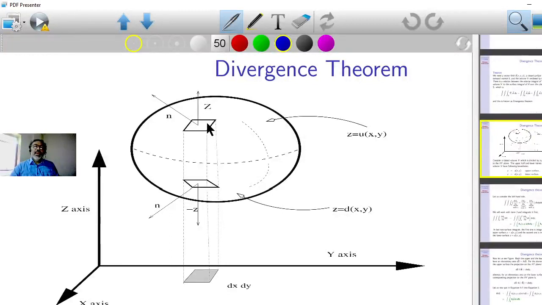When we have to project this differential surface dS onto the xy plane, then we have to take the dot product n dot k.